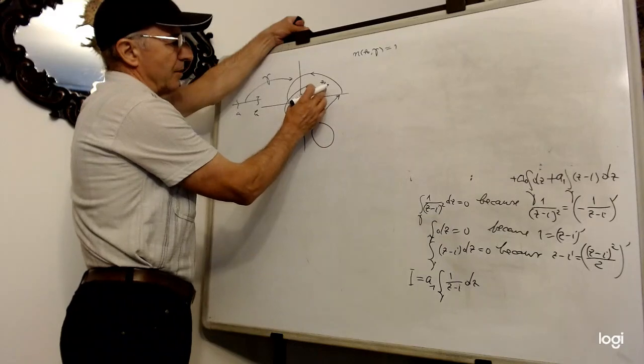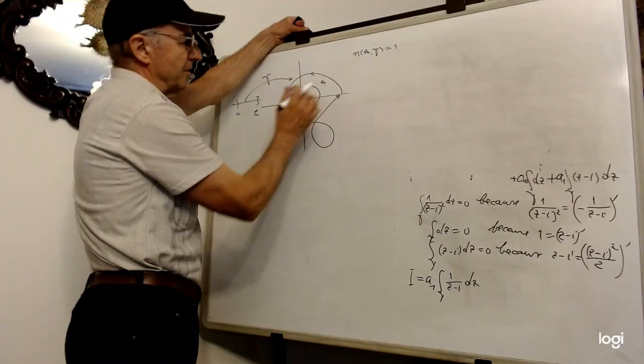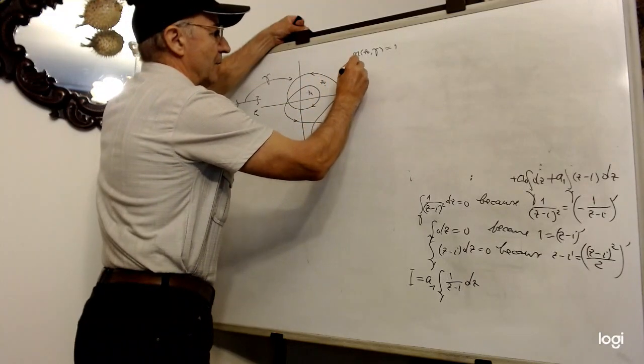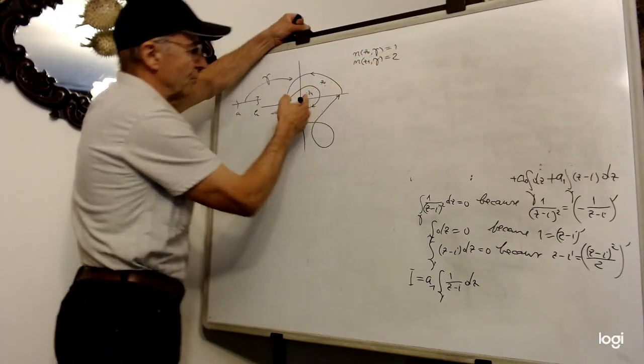The number of turns gamma makes around Z0 is 1. But for this point Z1, the winding number with respect to gamma is 2.